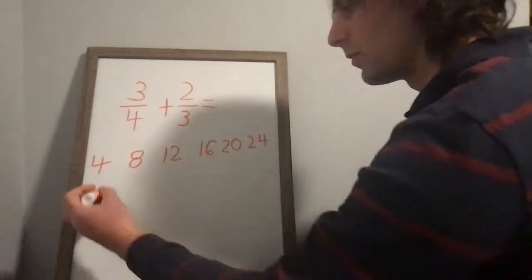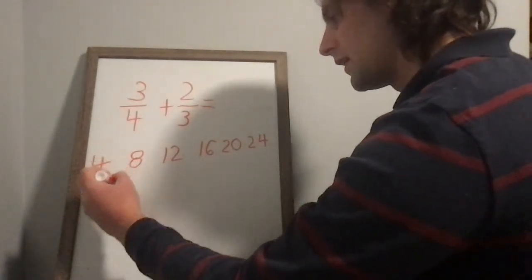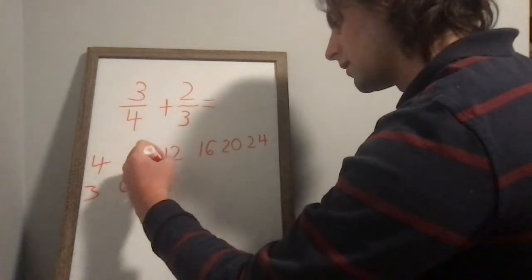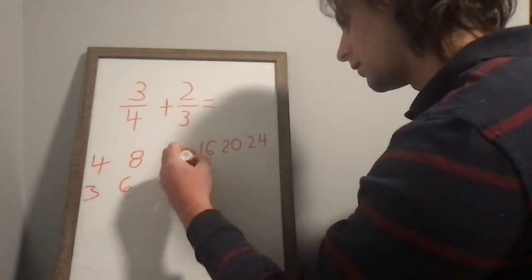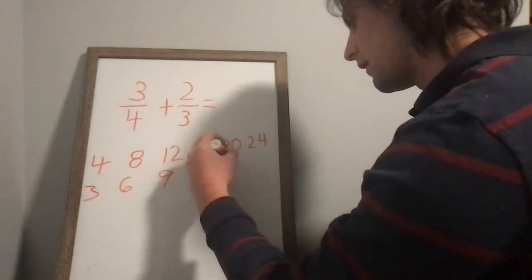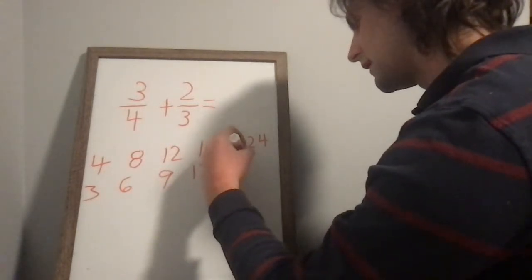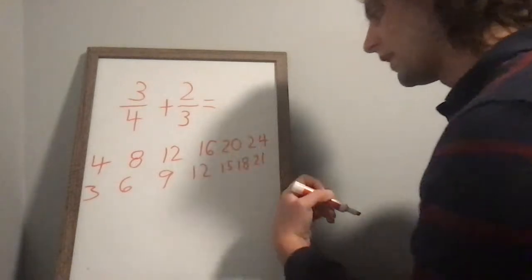Now I'm going to make some multiples of 3: 6, 9, 12, 15, 18, 21.